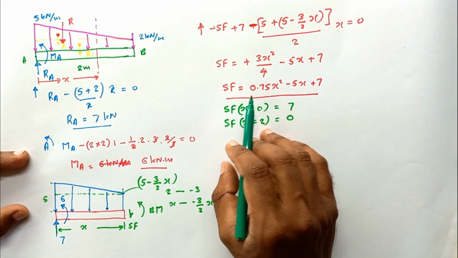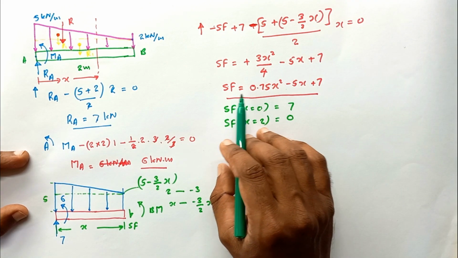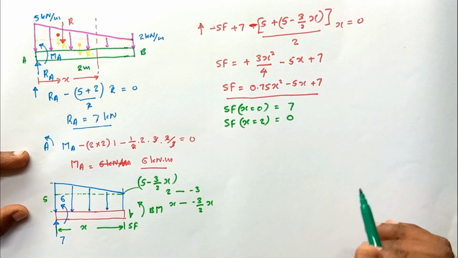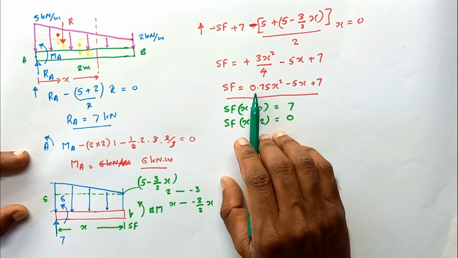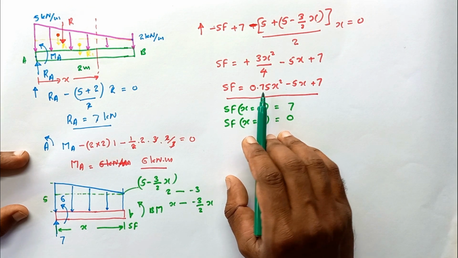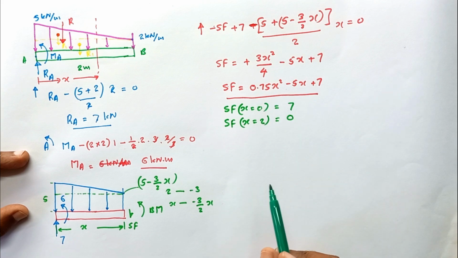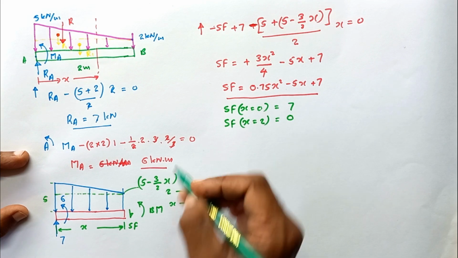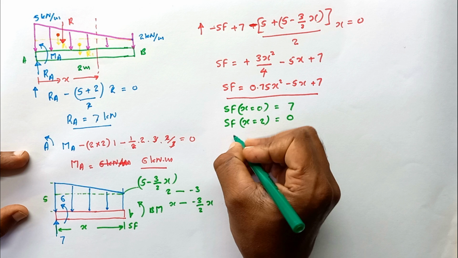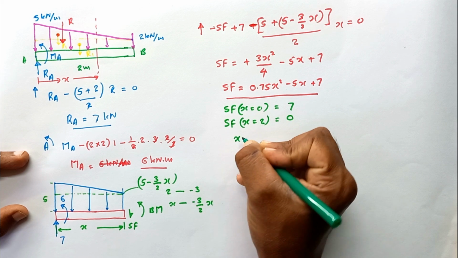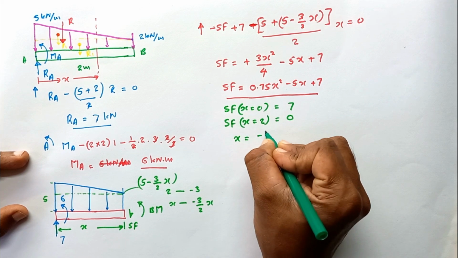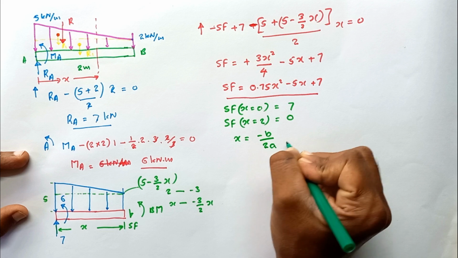Yes, shear force is having a parabolic variation, having a minimum, because this coefficient is positive. So we need to find the minimum value and its symmetric axis. First, let's find the symmetric axis. The x symmetric axis is minus b divided by 2a.